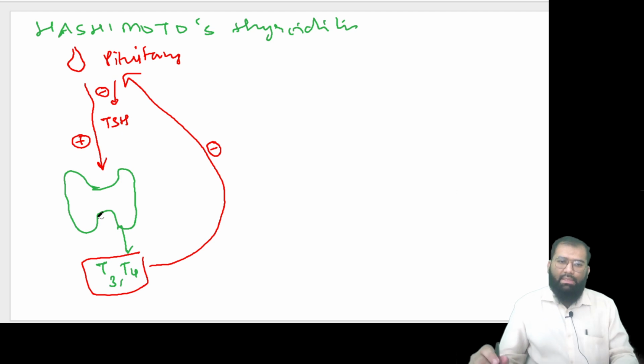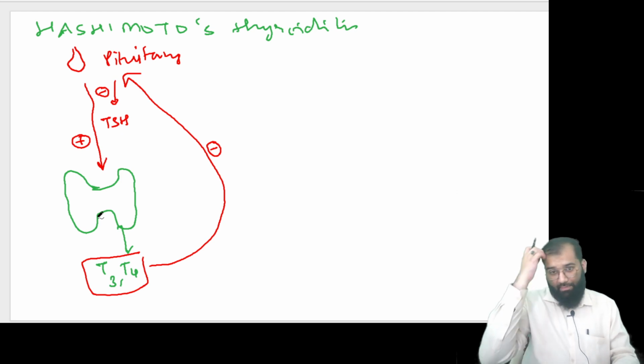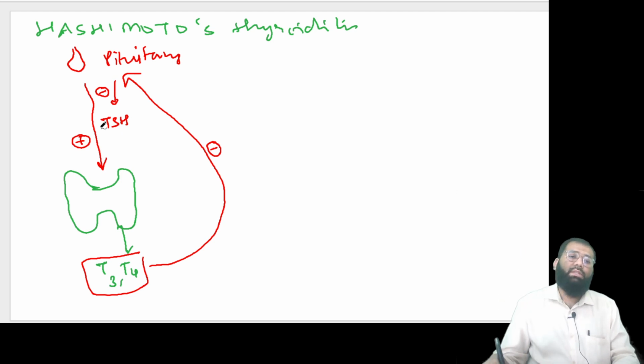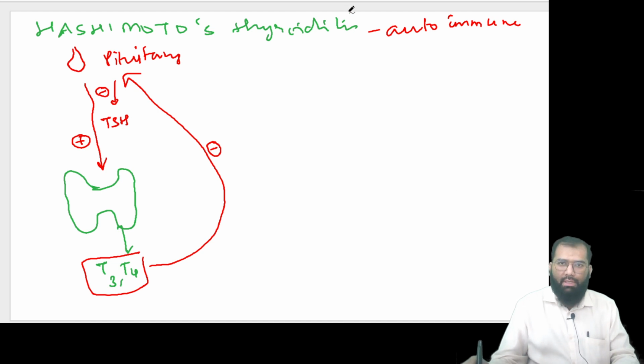Now what happens in case of Hashimoto's disease? In case of Hashimoto's disease, this is an autoimmune disease. Autoimmune. So what do you mean by autoimmune? It means that हमारी बॉडी की इम्यूनिटी हमारी बॉडी के खुद के टिश्यूज को डैमेज करेंगे. That is called autoimmune disease.